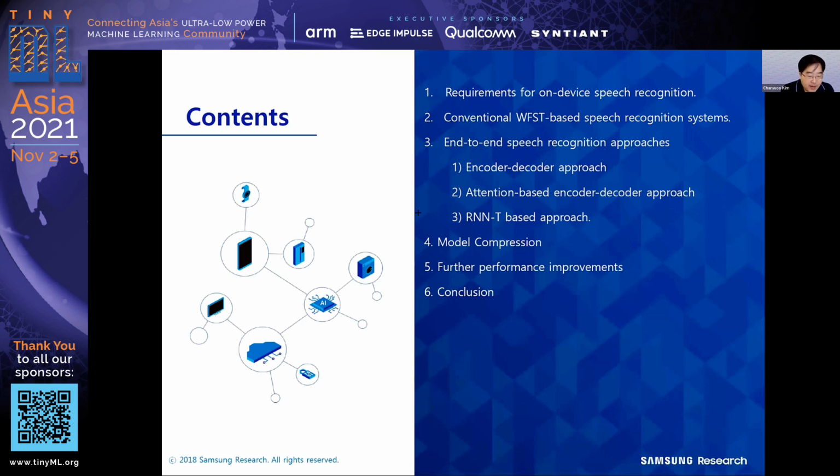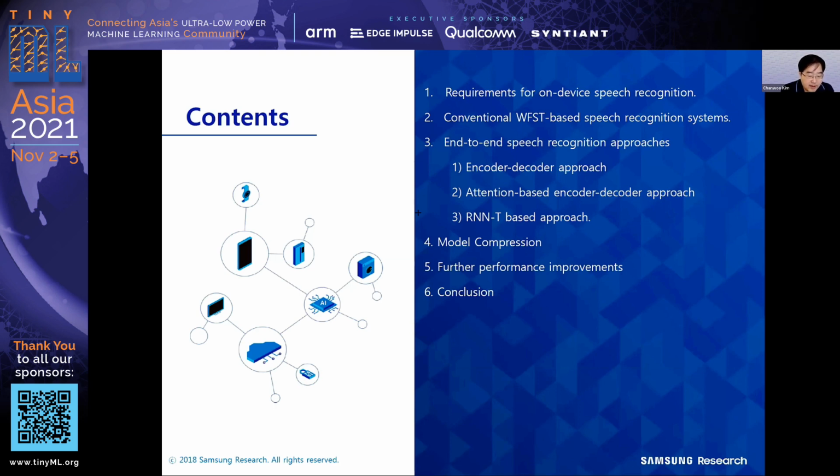WFST stands for Weighted Finite-State Transducer. And in the next section, I'll talk about the main topic of today's talk: the fully neural end-to-end speech recognition systems. We will cover 3 different architectures: the encoder-decoder approach, the attention-based encoder-decoder approach, and also the RNN-T based approach.